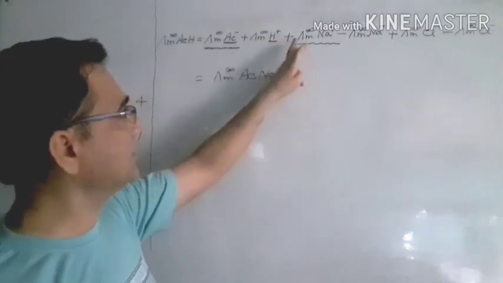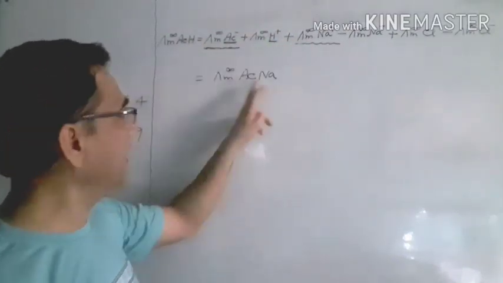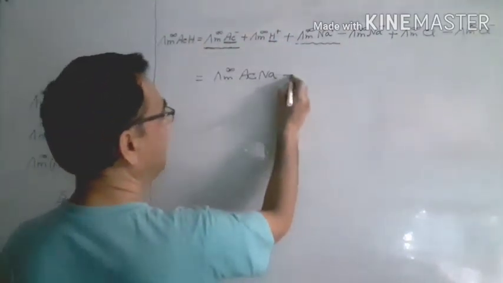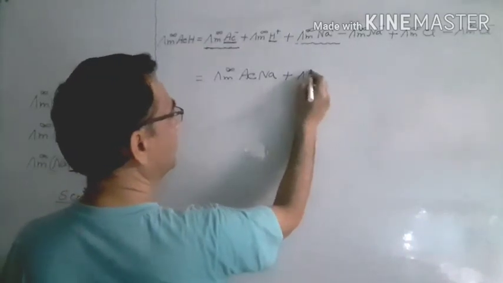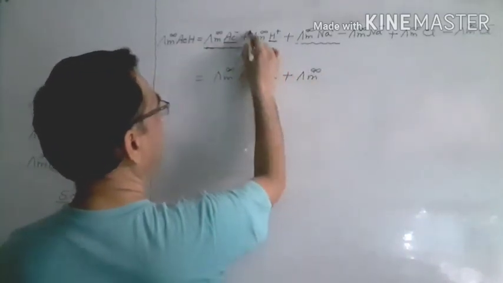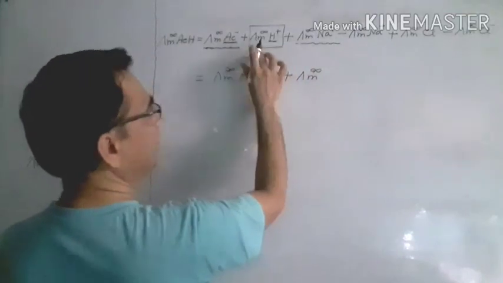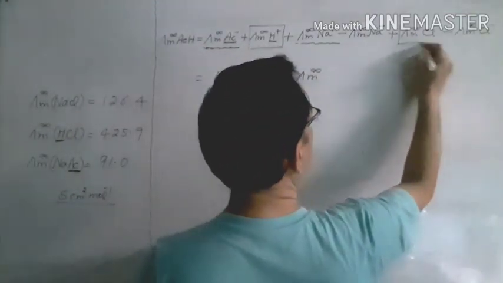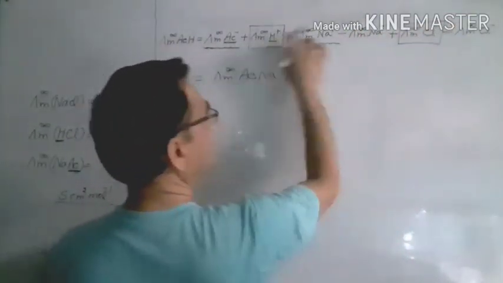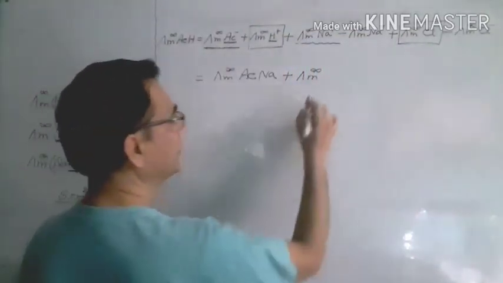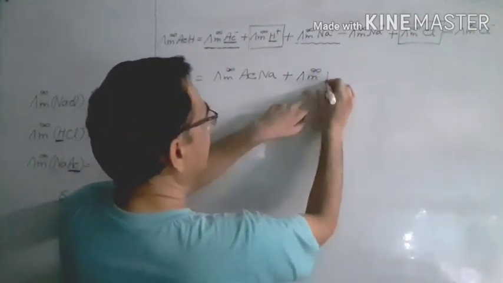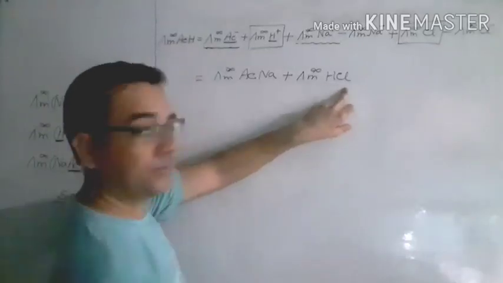This is the plus form, this is the plus form. Both the values we add, AcNa. Then plus the limiting molar conductivity of this H plus and this chloride. These also both the values we add. So we write plus limiting molar conductivity of the HCl.